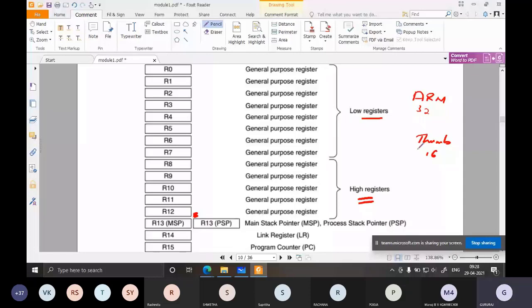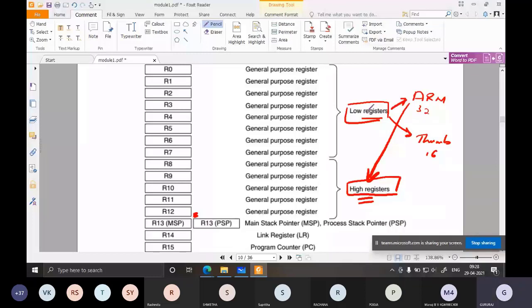The low registers can be accessed by both the ARM and thumb instruction sets, but the high registers, R8 to R12, can only be accessed by ARM instructions, that is, 32-bit instructions. Very simple classification.